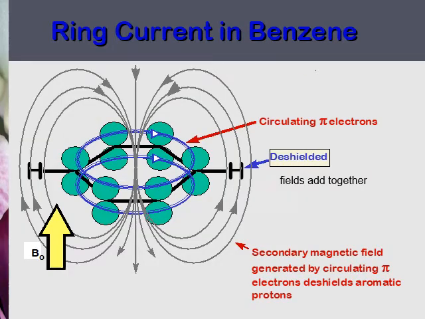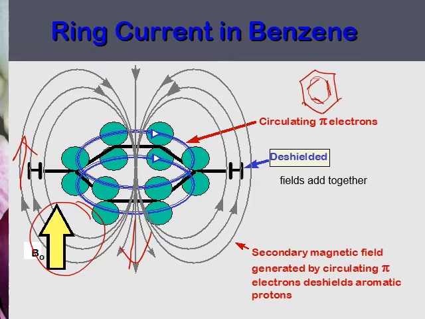In a pi-bonded molecule such as benzene, these pi electrons can circulate and form a ring current, and the ring current causes an induced magnetic field that opposes the applied magnetic field inside the molecule, and the induced magnetic field is parallel to the applied magnetic field outside the molecule.